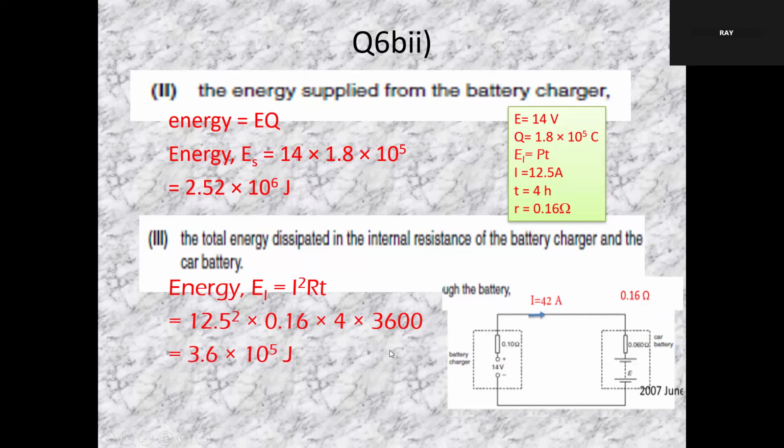Okay or not? I is 12.5. R is the total resistance of these two. That's your R.